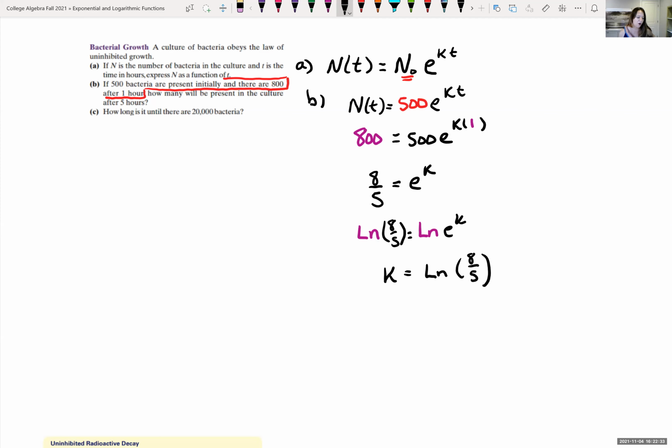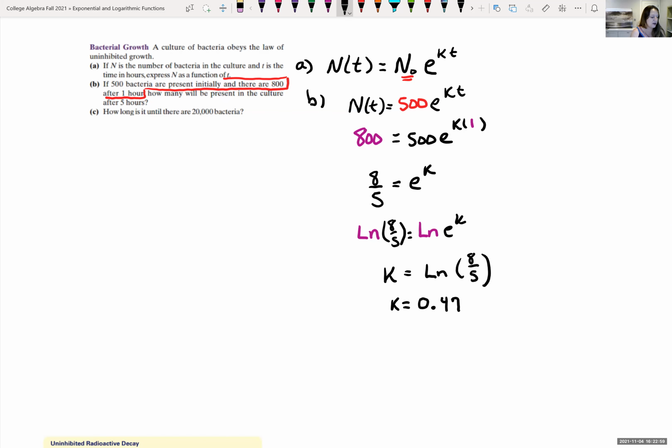We really don't want to round it until the end if possible. Let me see if the natural log of 8/5 gives us something. Well, that decimal doesn't end, like sometimes it does. K is going to equal 0.47.